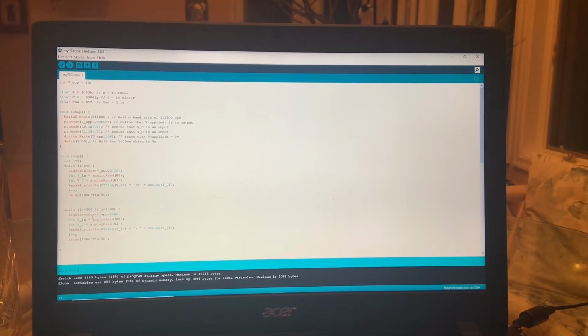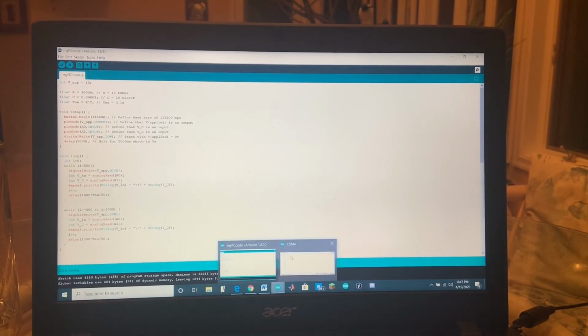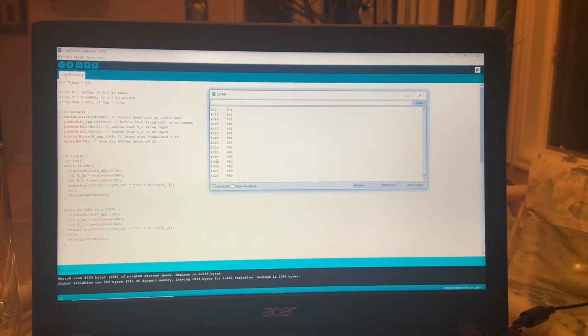Down here, VN is off, and it reads VN and VC again. Our serial monitor displays VN going 1020, 0, 1020, 0, which is about right because there are 1023 bits. VC follows the same pattern, except it doesn't quite get all the way up to 1023, which is about right.